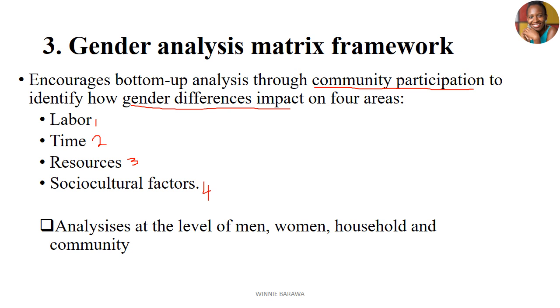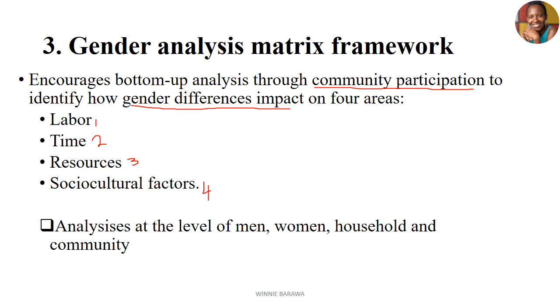And then we have the third framework, what we call the gender analysis matrix framework. This is a framework that encourages analyzing community participation by looking into areas that will help us get the gender differences. So the matrix is looking at community participation and how we can get gender differences and how these differences can be blended.